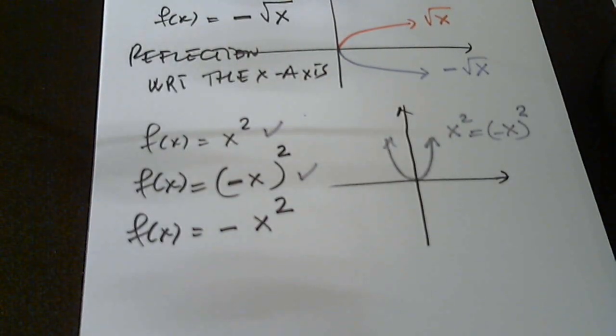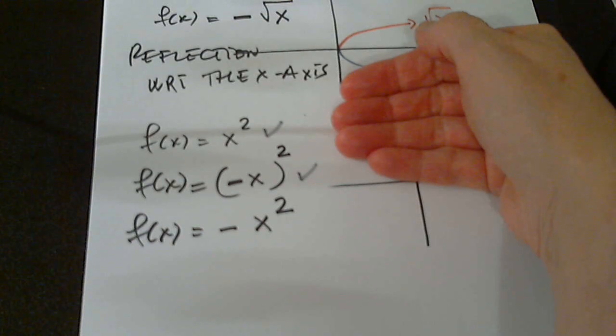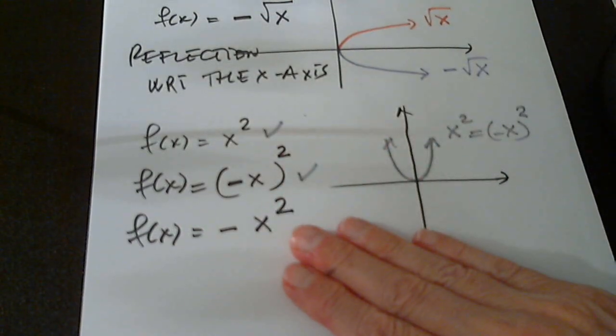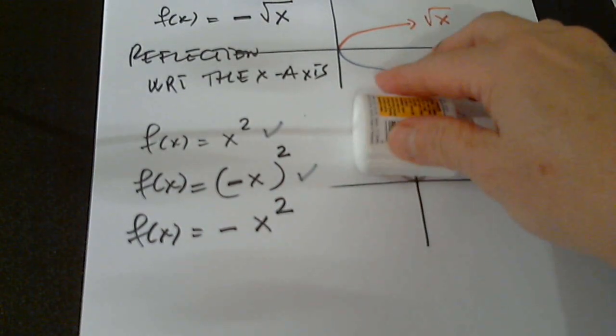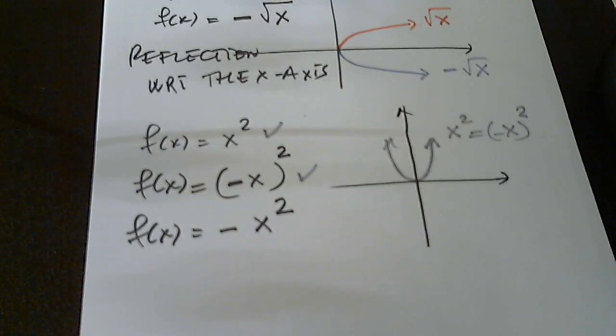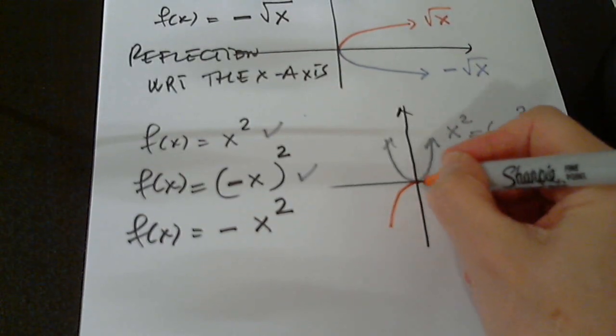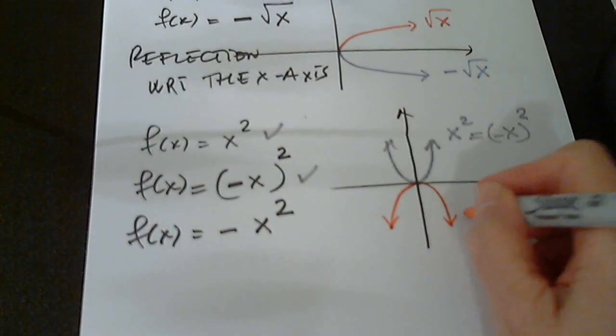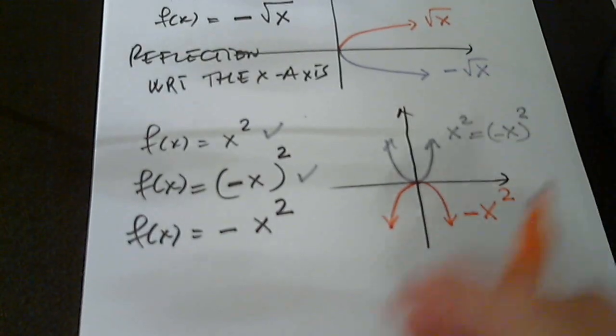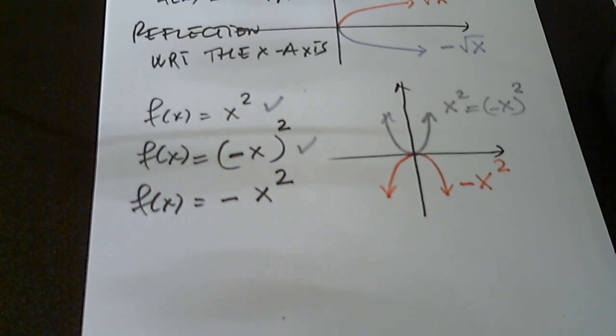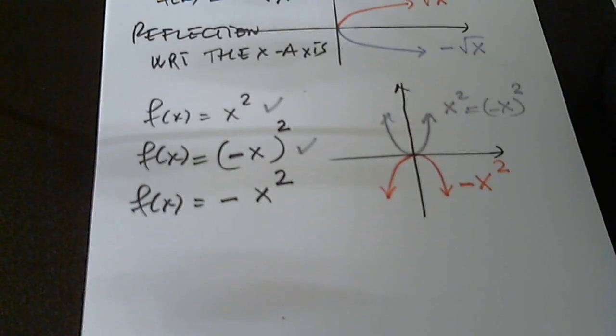This one is a different story because I have y and now I want negative y. So negative x squared will be a totally different situation. Negative x squared. Reflection with respect to the x-axis.